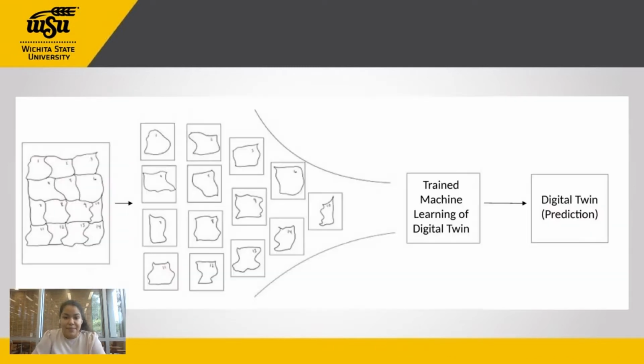So now here's a representative image with the membrane stained. It's turned into single cell images, and then these single cell images that have the membrane segmented, that resulted from the automated machine learning, are then fed into this trained machine learning that will predict a digital twin.